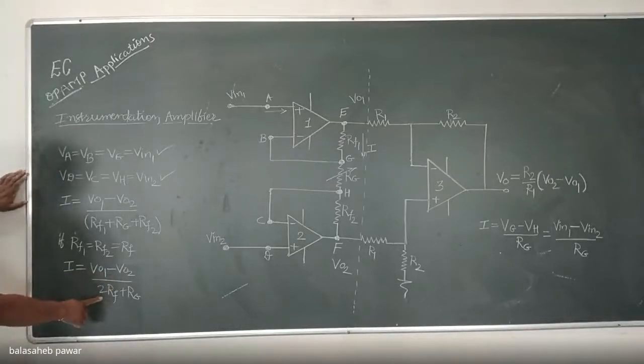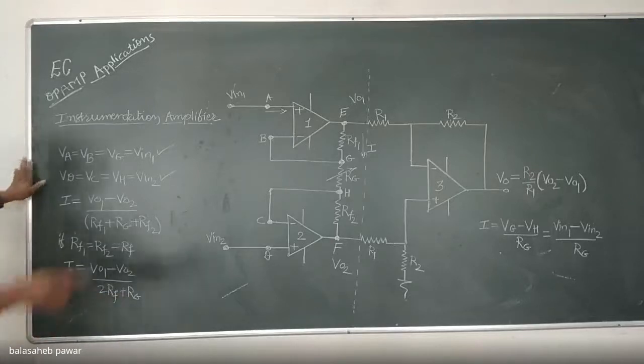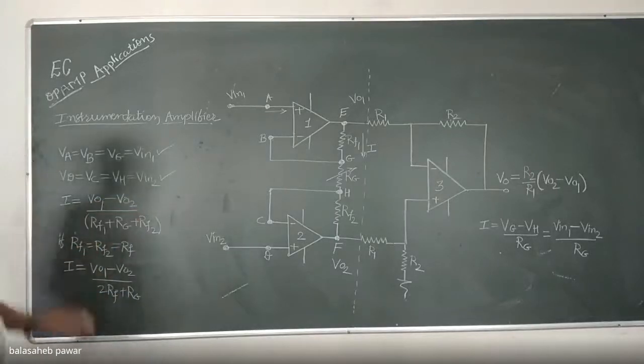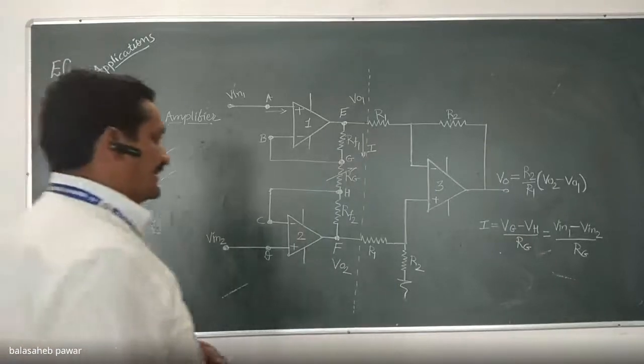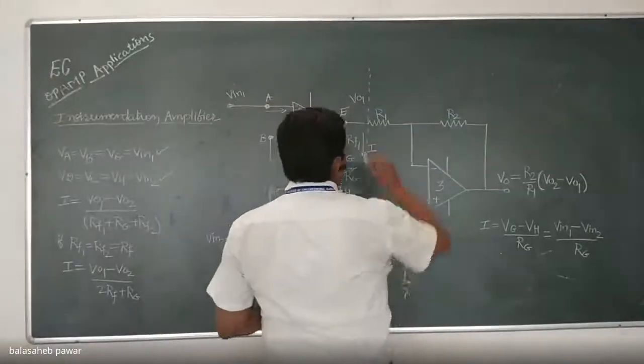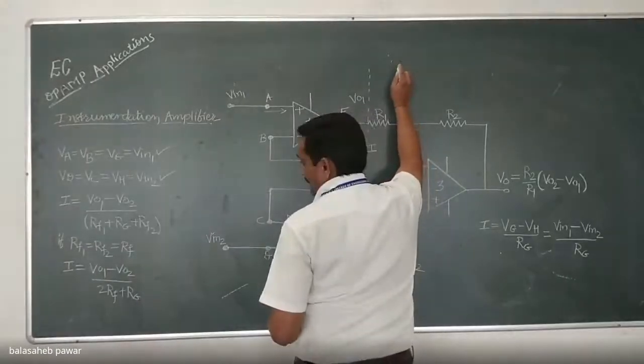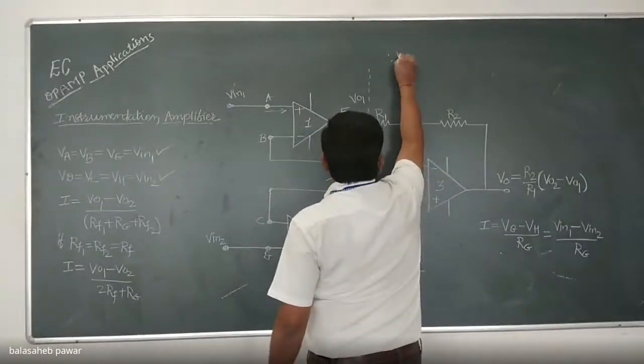So just equate these two equations for I. That is VO1 minus VO2 divided by twice of RF plus RG, and the second one, again for I, Vin1 minus Vin2 divided by RG.